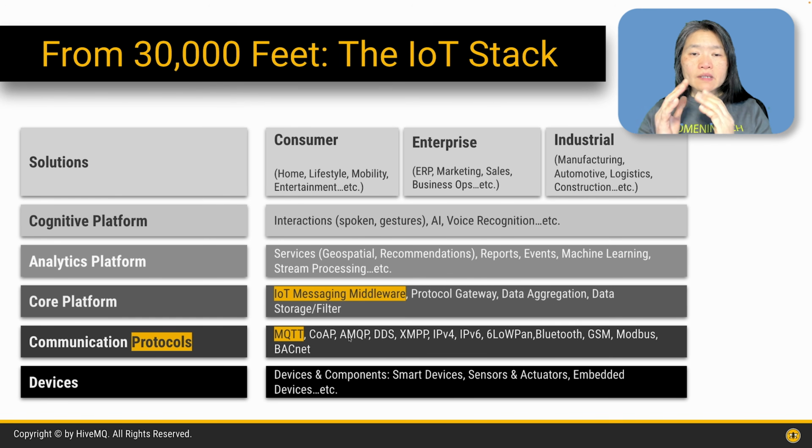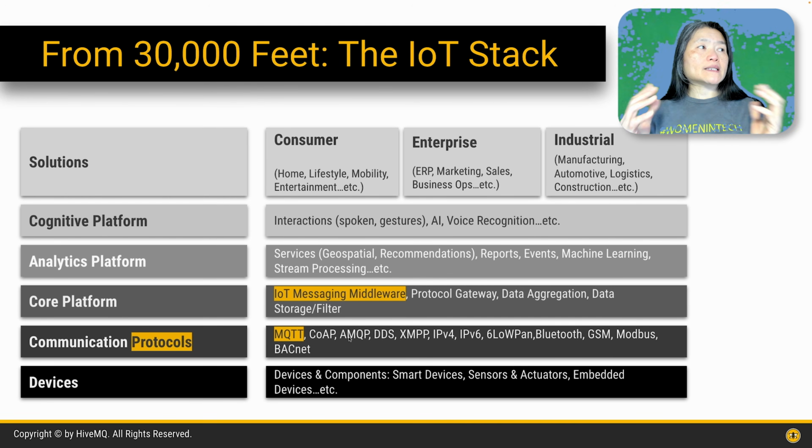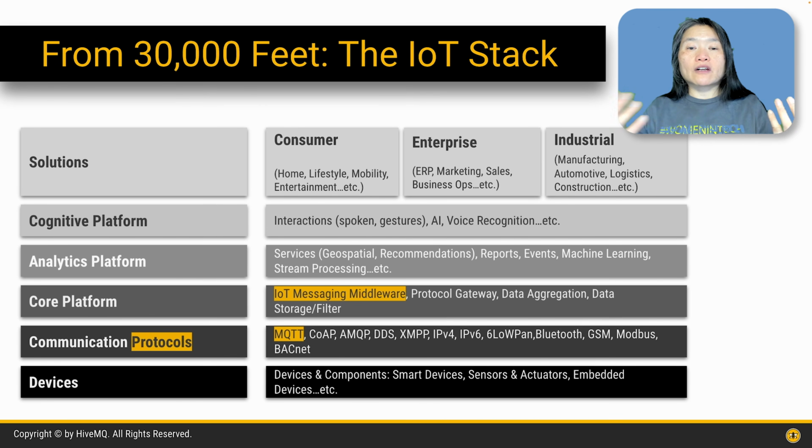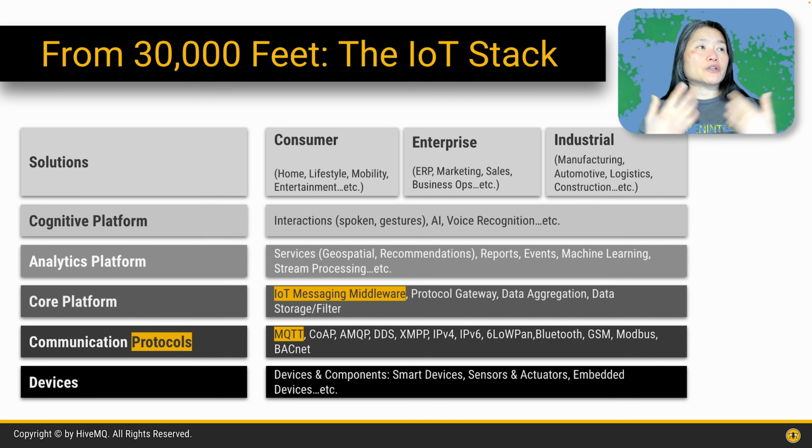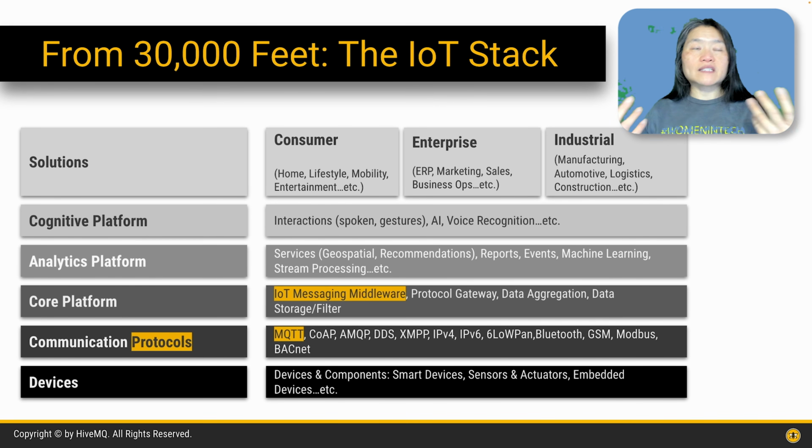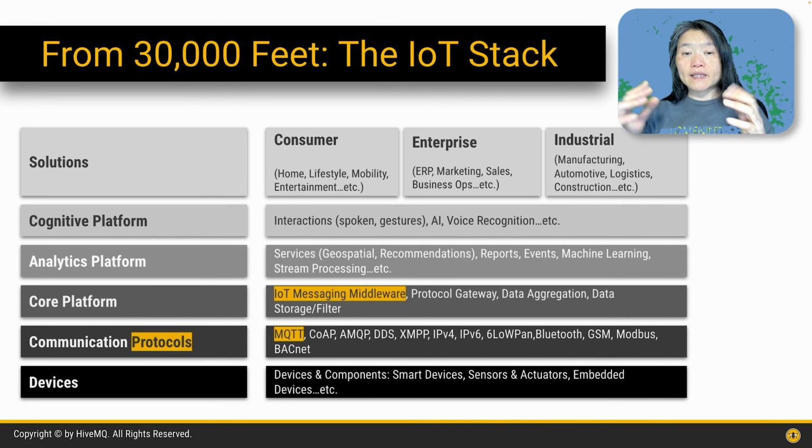Now, if we go up one more, MQTT cannot function on its own. It's just a specification of a protocol. Something needs to drive it. So in that case, HiveMQ comes in. It is the IoT messaging middleware that makes use of the MQTT protocol and provides services for enterprise usages as messaging middleware.